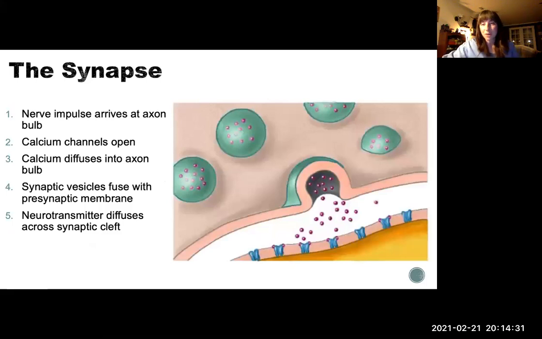Here's a close-up cartoony illustration of how that signal gets passed, okay? So the signal itself is actually what are called neurotransmitters, okay? So these little purple guys here, those are actual little molecules that get released from the presynaptic membrane and find their way to receptors on the postsynaptic membrane by crossing the synaptic cleft.